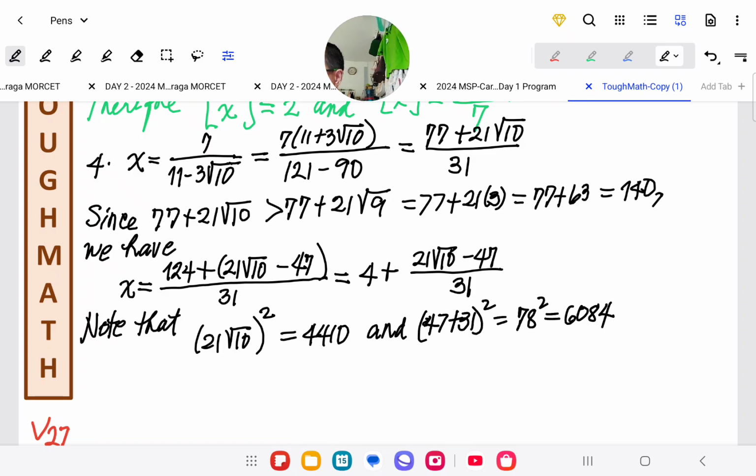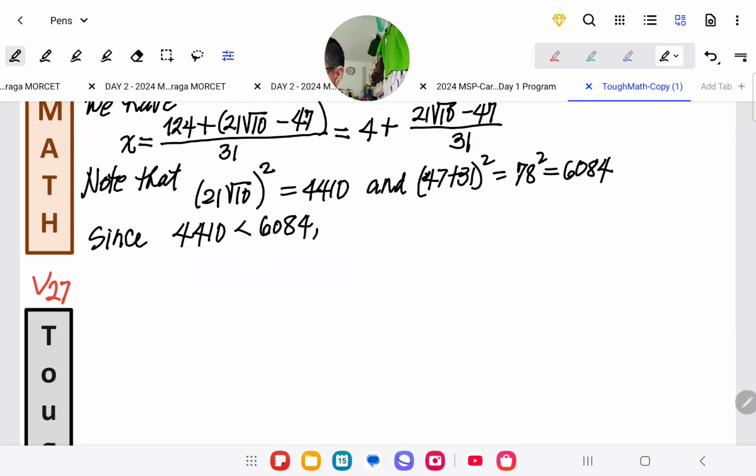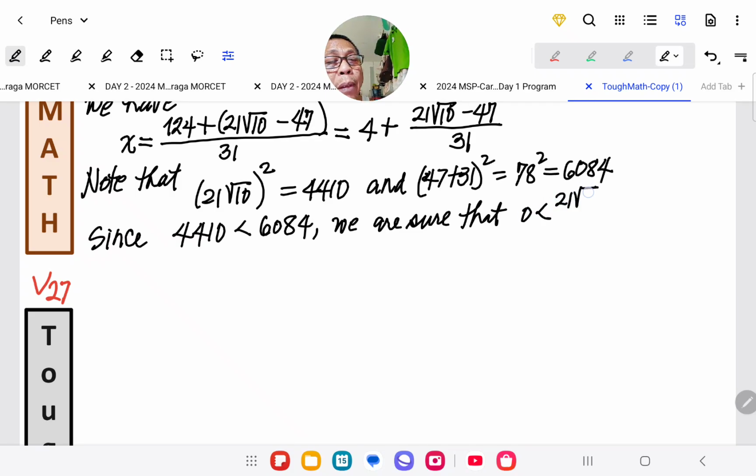So since 4410 is less than 6084, we are sure that the expression 21 square root of 10 minus 47 over 31 is less than 1.